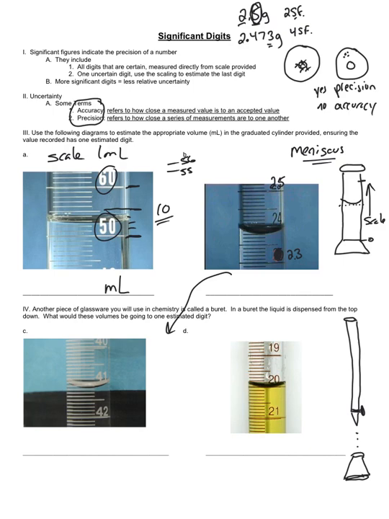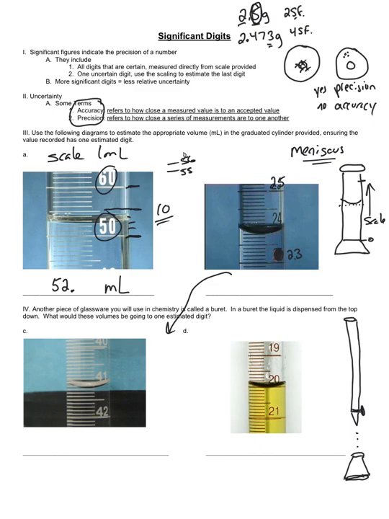So I look at the meniscus here in the picture, and you'll notice that the bottom of the meniscus is right below the 53 line. The meniscus is between 52 and 53. So we always record the lowest value. So it's 52 point something. It's not right at the 53 line.